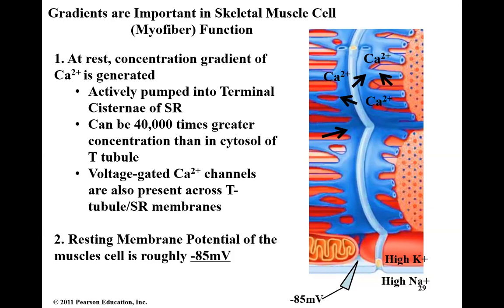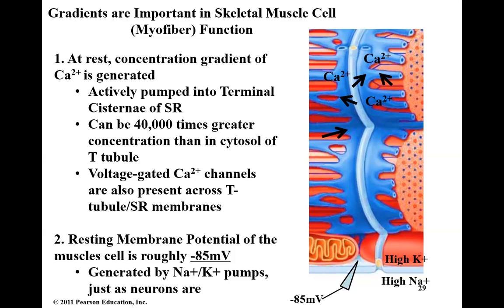Just like in neurons, we have a resting membrane potential in our muscle cells. This resting membrane potential is actually even more negative than it is in neurons. It is -85. And that's really important because we don't want our muscles just contracting at will. We want to make it really hard for them to contract so that when they do contract, it's at the right time. Okay. And again, same kind of situation as neurons.